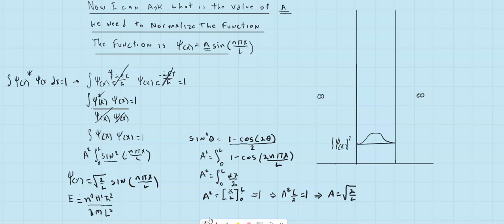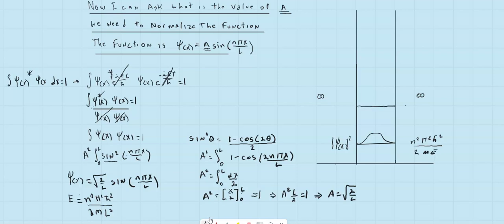And this will be my lowest energy value, which will be n squared pi squared h bar squared over 2m L squared. My second energy will be four times that.